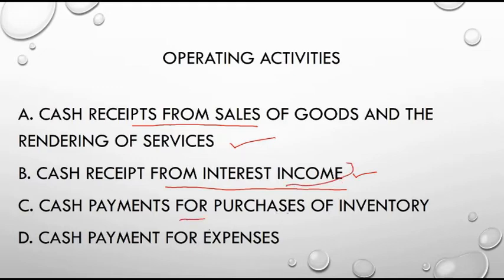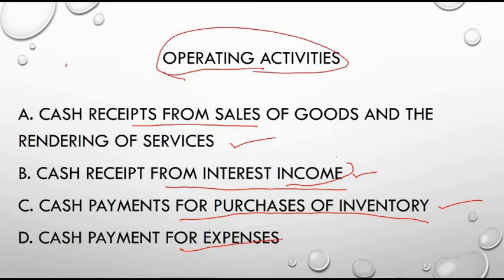Cash payment for purchases of inventory. Kapag bumili ka ng inventory, syempre, operating yon, especially kung merchandising at manufacturing ka. Cash, of course, cash payment of expenses. Part pa rin siya ng operating activities. So, kita mo, si income at si expense.